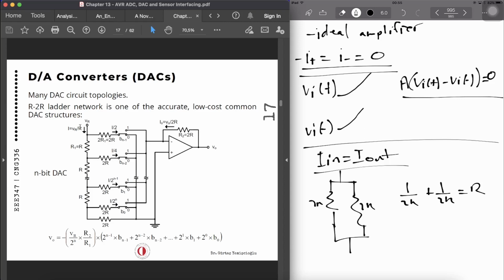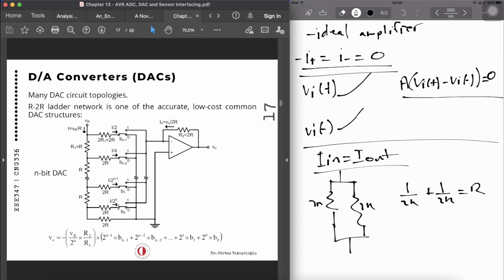So the other half of the current goes through this direction, which is I over 2. Now, when it comes to the next branch, it splits into 2 again, and then to 4, and then it goes to I over 2 to the power n minus 1, and so on in the direction. Okay, so it's branching down.